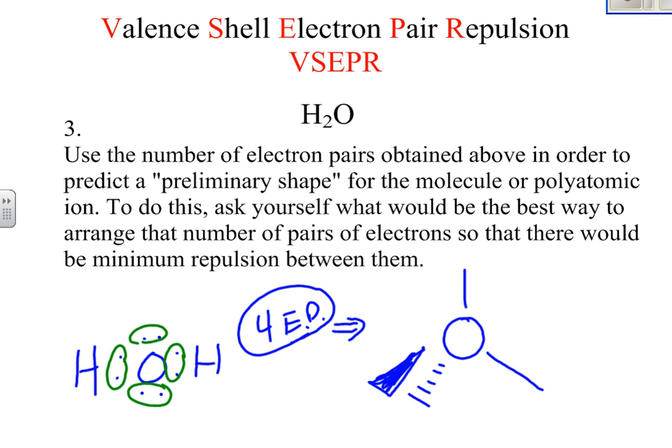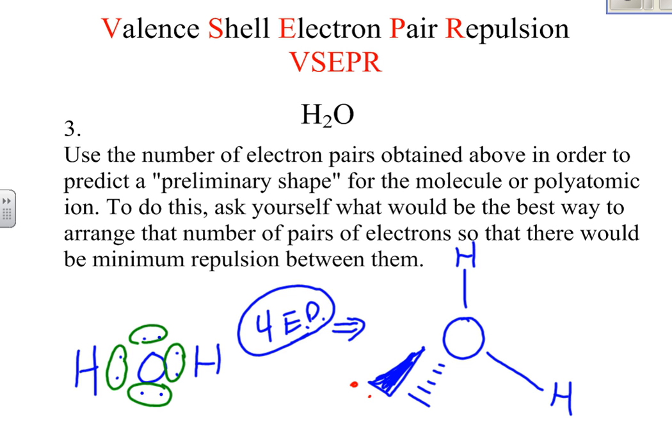Now, when we go to place the things in each of these spaces, for a tetrahedral, it really doesn't matter where we put the hydrogens and the lone pairs. So I'm going to go ahead and put the hydrogens here and here, so they're in the plane of the paper with the oxygen.